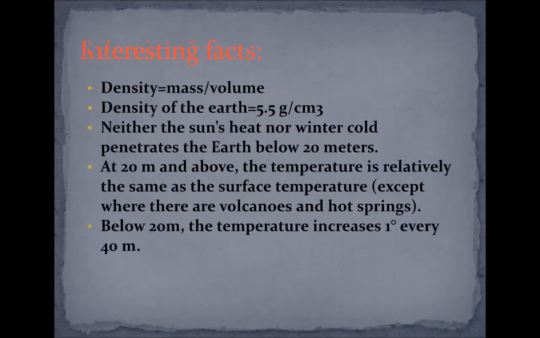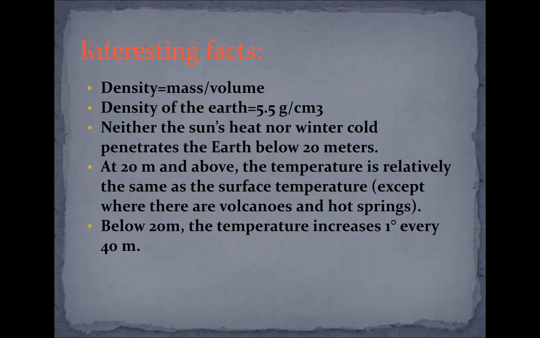So some interesting facts. Density is mass divided by volume. The density of Earth is 5.5 grams per cubic centimeter. Neither the sun's heat nor winter cold penetrates the Earth below 20 meters. At 20 meters and above, the temperature is relatively the same as the surface temperature, except where there are volcanoes and hot springs.